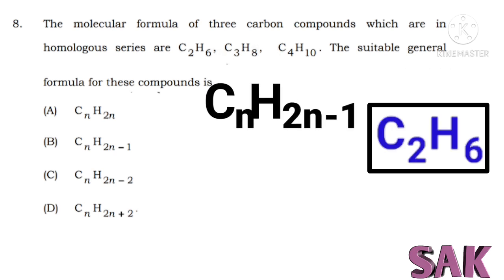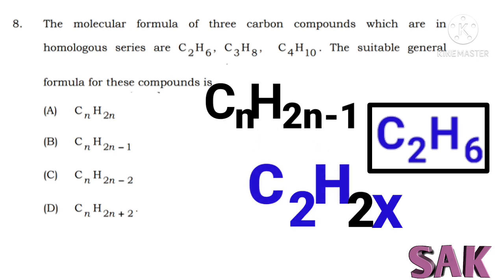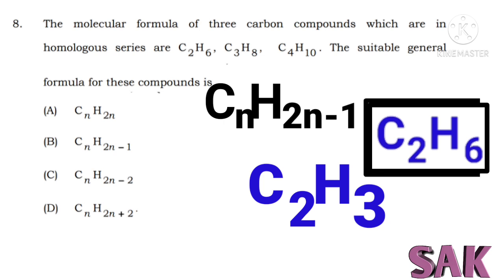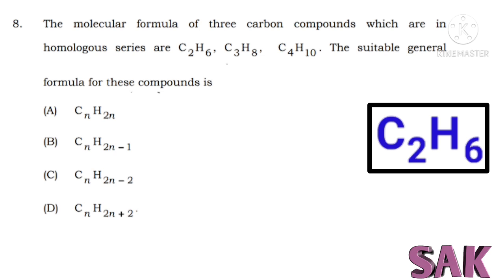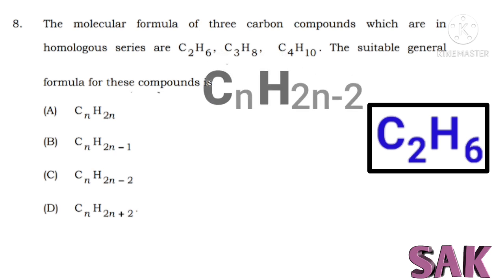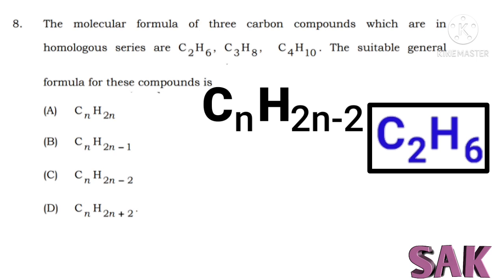Second formula CnH2n minus 1. Let us examine this one also. Formula derived from second option does not match the formula in the question. Third option CnH2n minus 2. Let us examine this also.